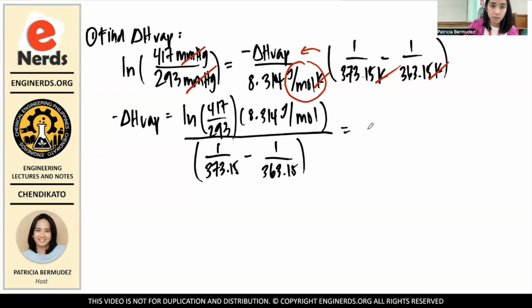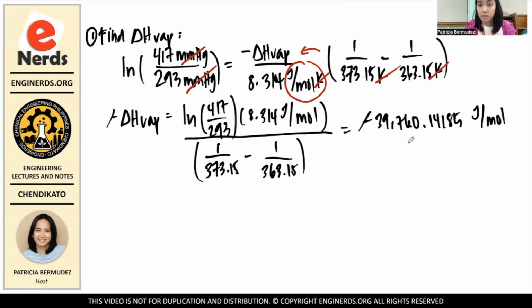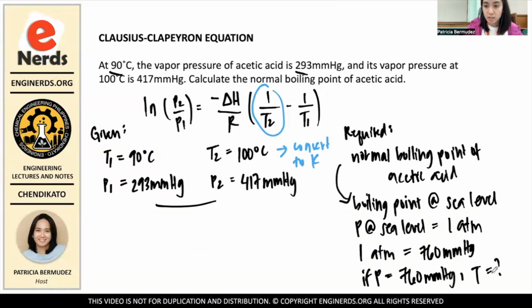And our delta H vap is negative 39,760.14185 joules per mole. And dahil naka-negative both sides, pwede natin cancel yan. So delta H vap is actually equivalent to 39,760.14185 joules per mole. Ngayon, hahanapin na lang natin here is this, the temperature if the pressure is 760.